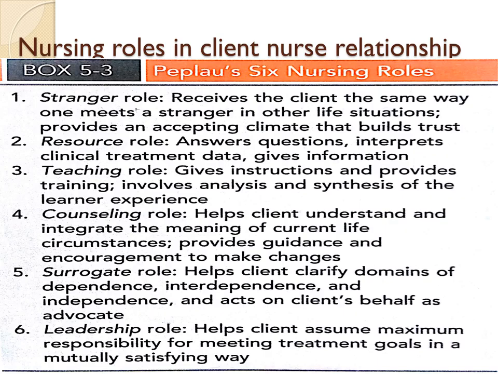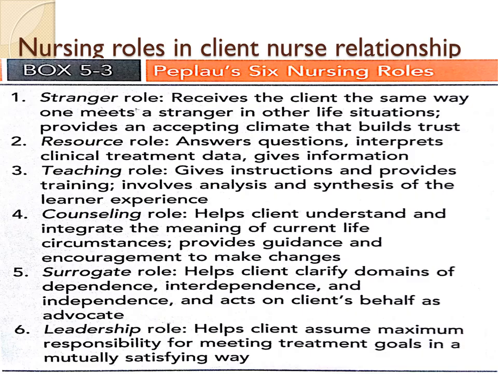The fifth role is the surrogate role, which helps the client to clearly recognize domains of dependence, independence and interdependence, and to act on the client's behalf as an advocate.